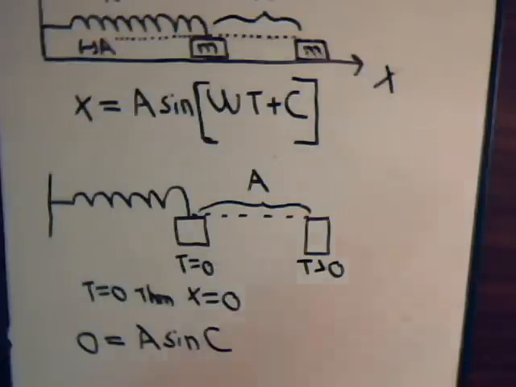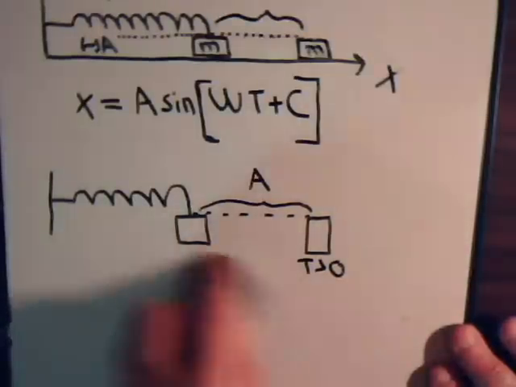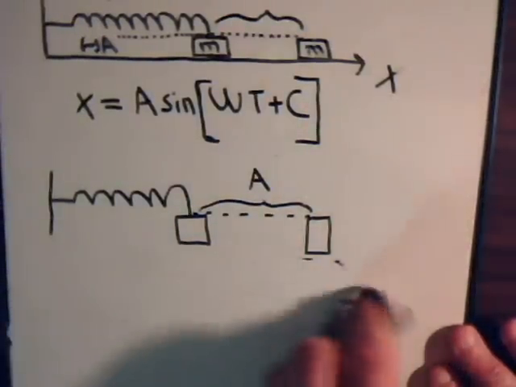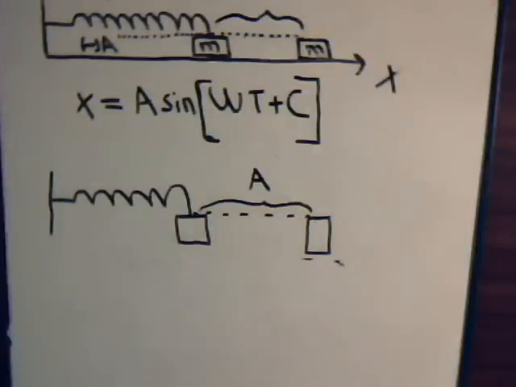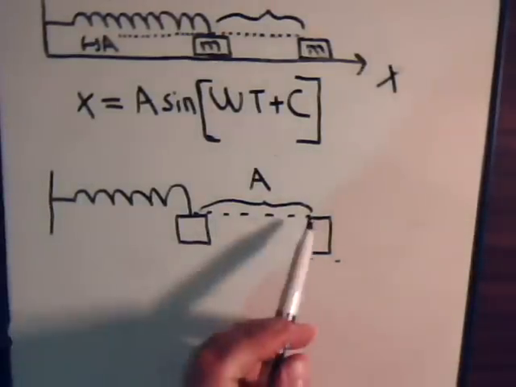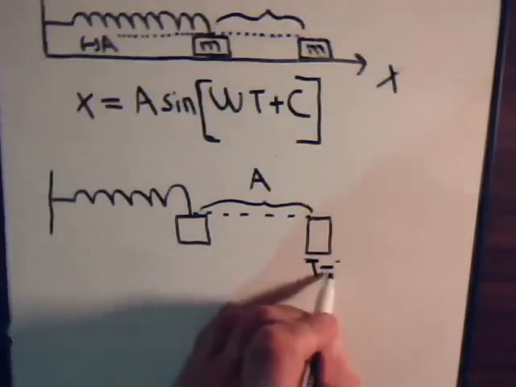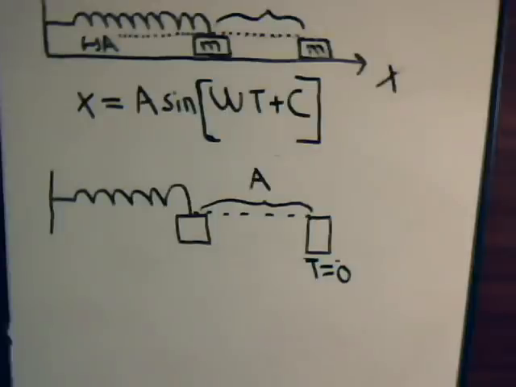Now, let's consider the same situation, only let's say it's like this. We pull the block back, and then once it's displaced by that distance a, we call that time t equals 0. And then we release it.